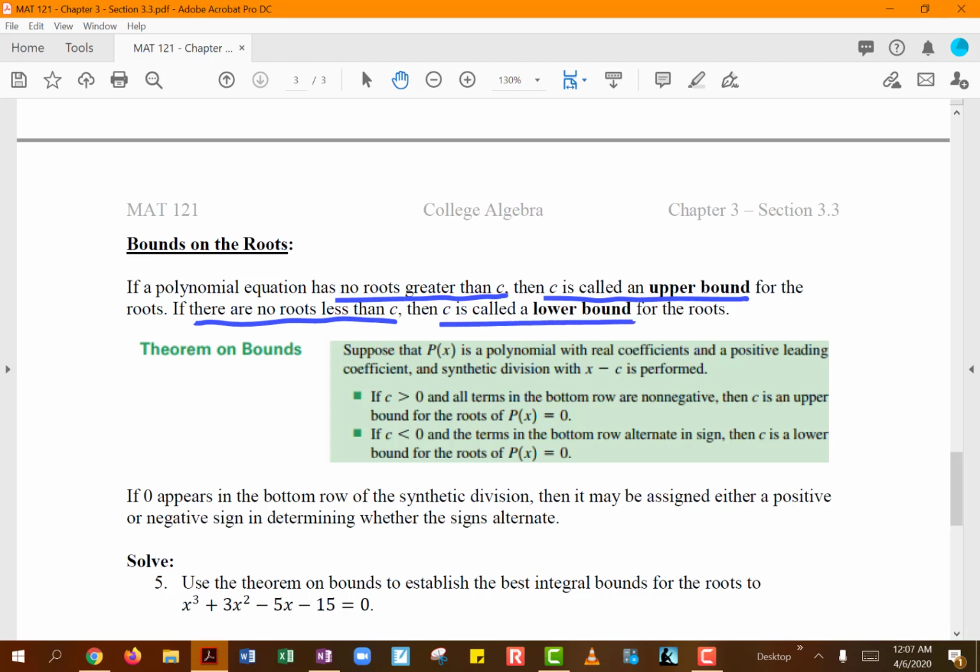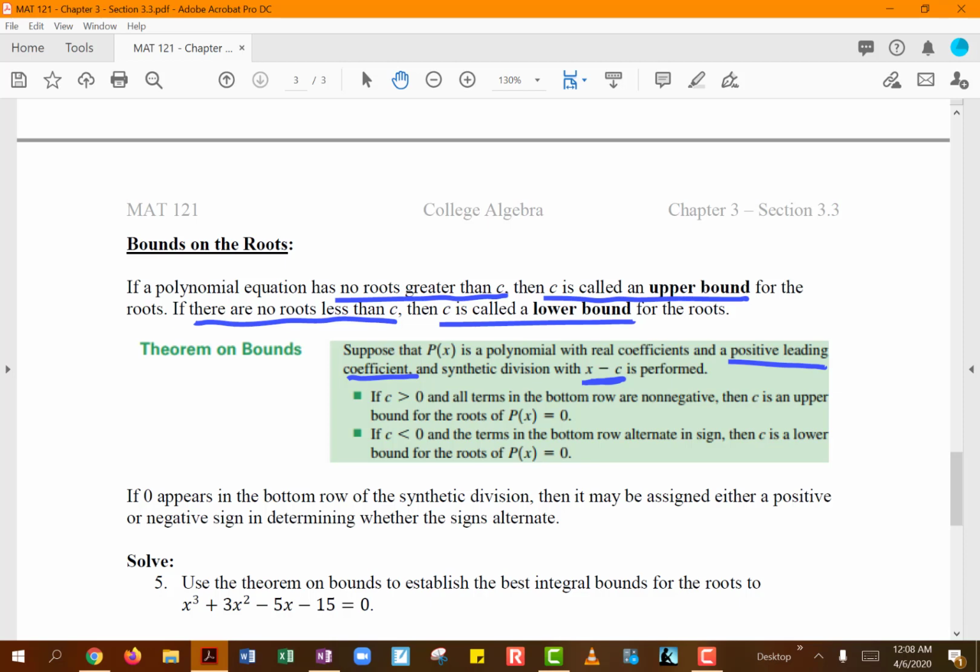So let's take a look at the theorem for this idea. So again, we're saying p of x is our polynomial. It has real coefficients and a positive leading coefficient, and synthetic division is performed by using x minus c as our factor, or basically you would be using that value of c to do your synthetic division.